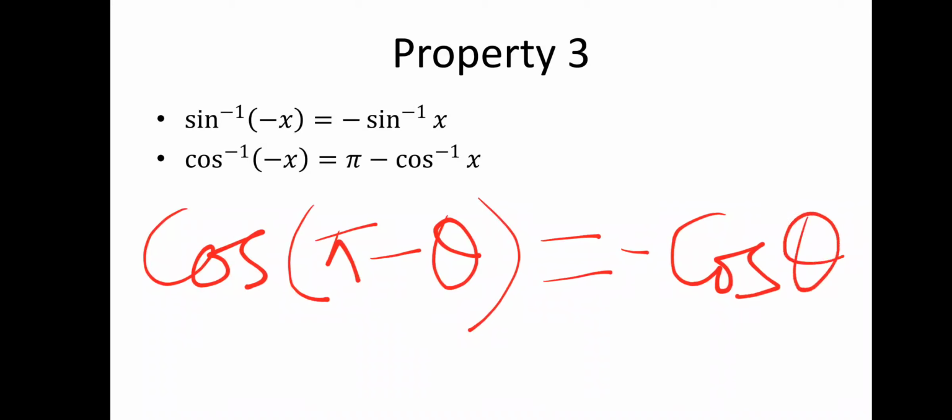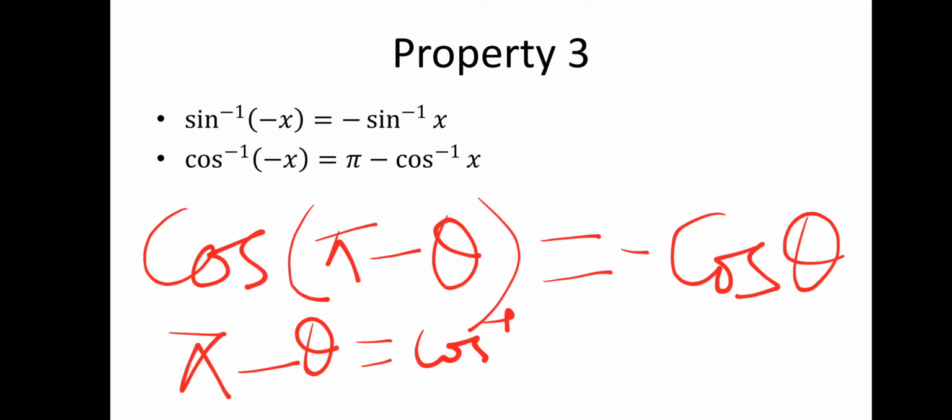So now if you understand this, let us understand once again. If I take this cos on the other side, what happens? Then I have pi minus theta is equal to cos inverse of minus cos theta, right?